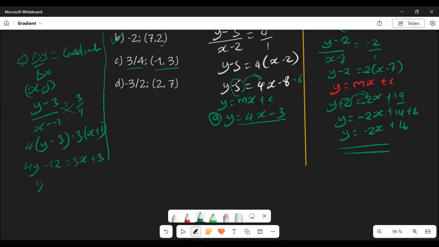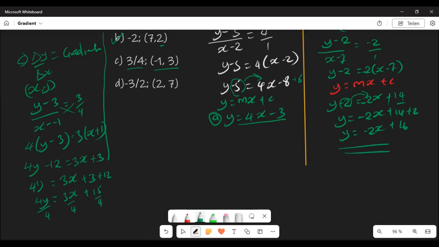So we're going to have here 4y equals 3x plus 3 plus 12. So that's going to be 4y equals 3x plus 15. Now for our case, we want to divide everything by 4.